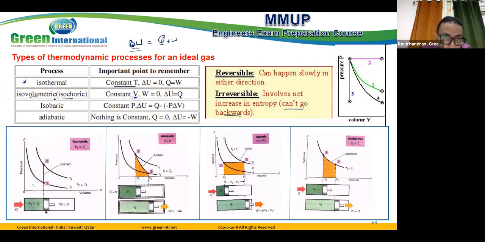Isometric, isovolumetric, isochoric, all the same, volume constant. There is no work here. Isothermal, constant temperature, so work is equal to heat.